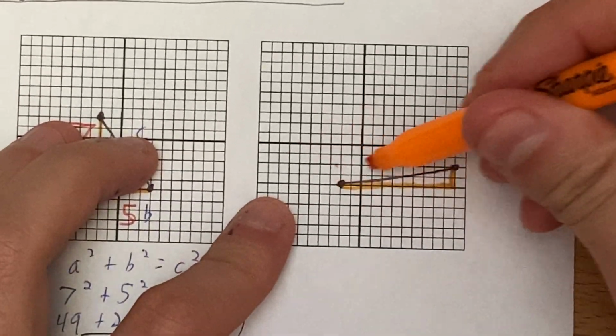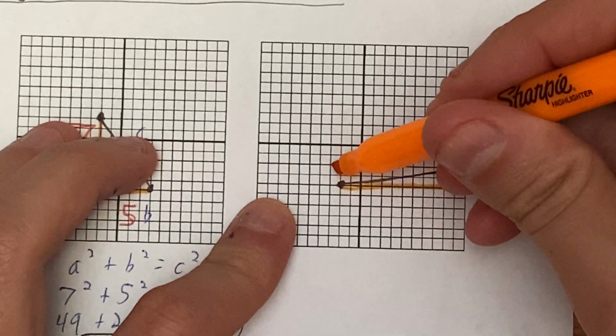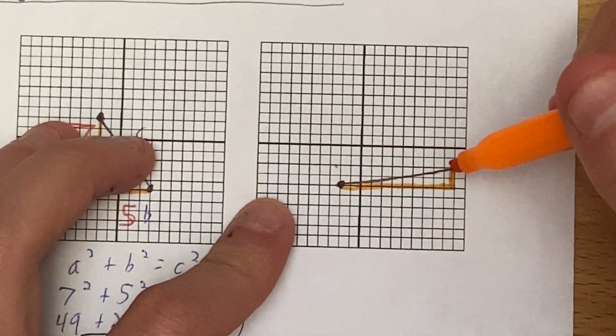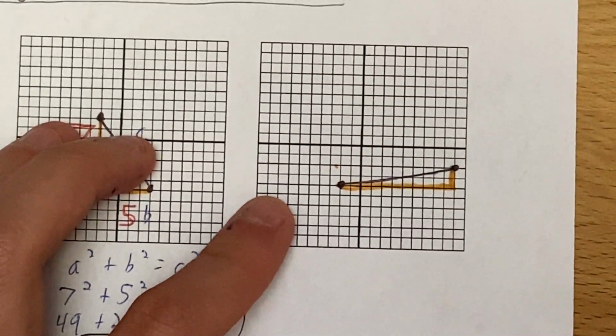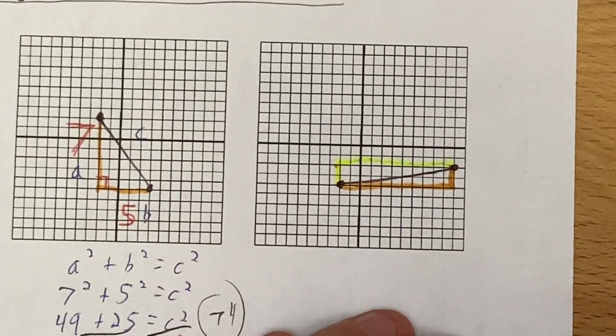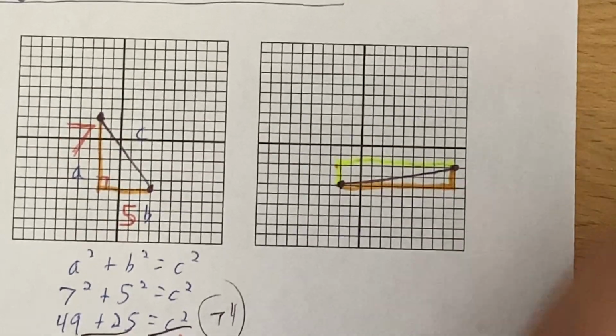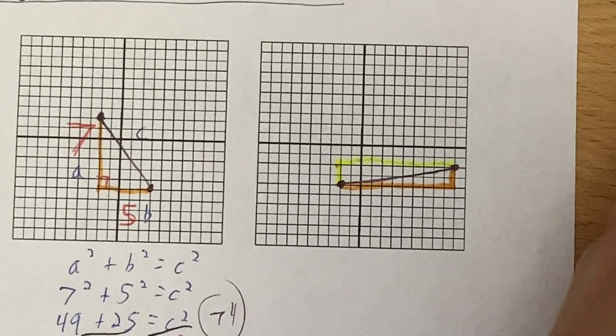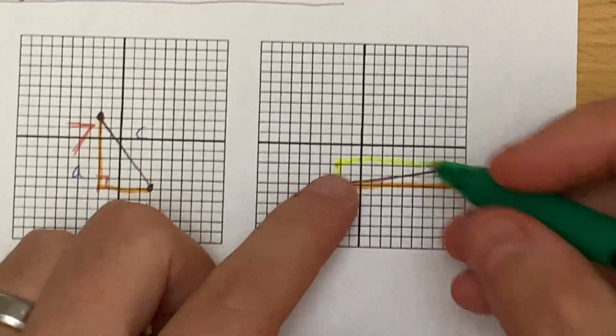You could also make the triangle over here. It does not matter when it comes to the distances. So you could, if you felt like it, do the triangle here. Don't think it's like, why is he doing the bottom one? It does not matter because just like the legs can switch with Pythagorean theorem, so can this little box.